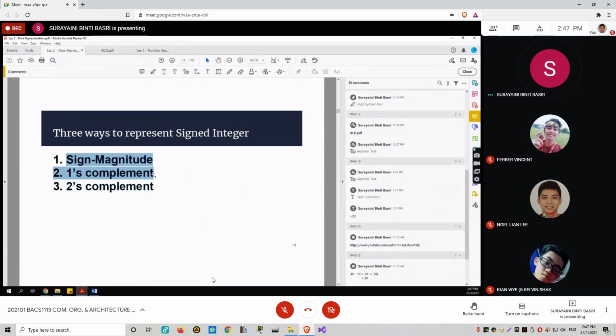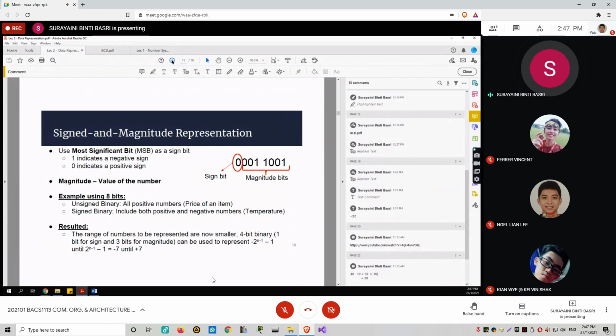But that weakness is improved or solved by the third method, which is the 2's complement. We will dig deeper into all of these methods in our next slide. So we proceed to the first method, which is the sign and magnitude representation.